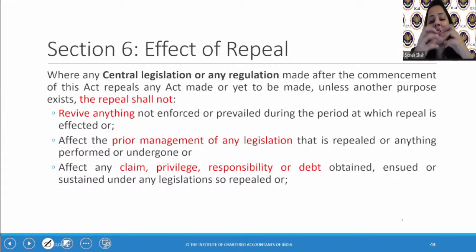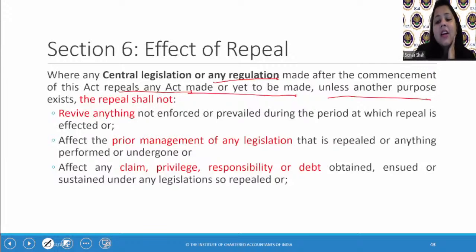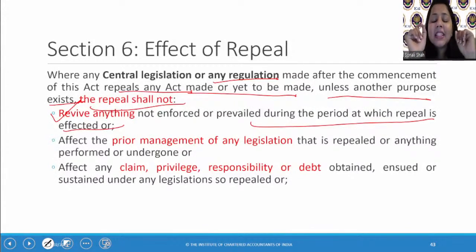There are some rights, some liabilities that will not be affected because of repeal. So section 6 says, where any central legislation or any regulation made after the commencement of this act repeals any act made or yet to be made, unless other purpose exists, the repeal shall not revive anything not enforced or prevailed during the period at which repeal is effected.